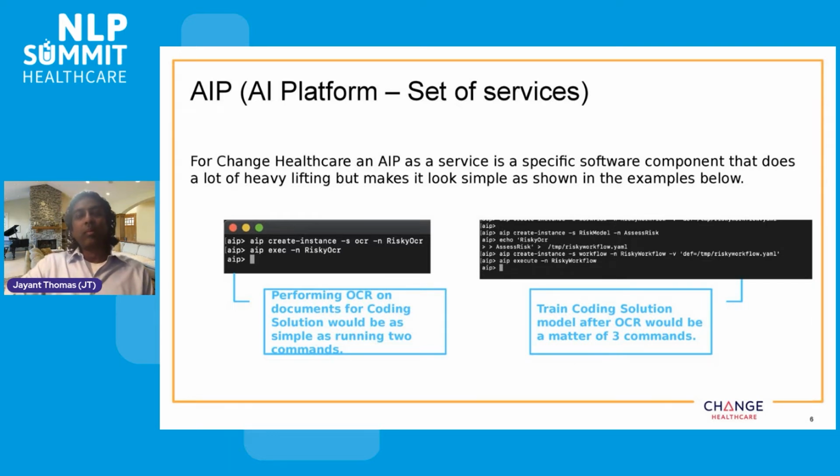So like I mentioned, AIP is a set of services. It's very easy to use. Like you can see here, I'm using the command line. I call the command AIP create instance of OCR service. You get an OCR instance, and you can then execute. Basically, you can say, hey, OCR these tons of PDF files.